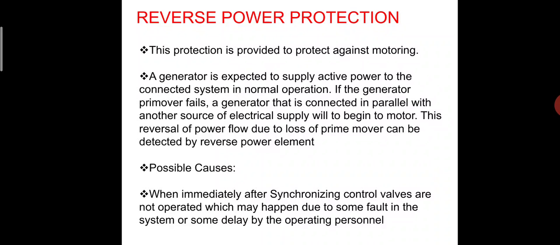In normal operation, if the generator prime mover fails, a generator that is connected in parallel with another source of electrical supply will begin to motor. This reversal of power flow due to loss of prime mover can be detected by a reverse power element.